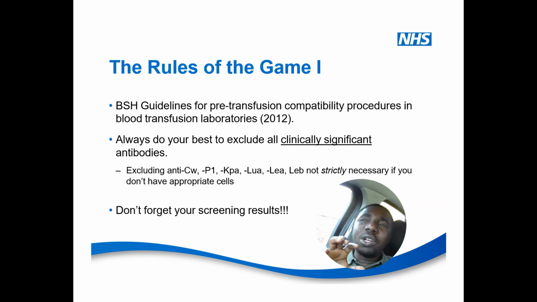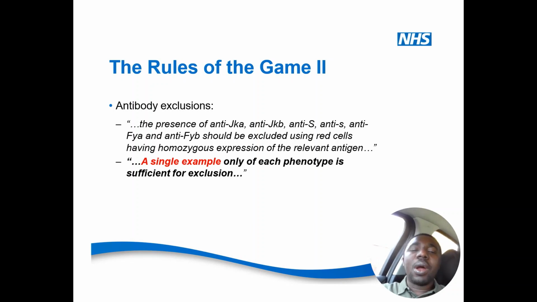So when we are doing antibody panel, which is what I'm going to be doing in this part 2, we're going to do our best to exclude all possible clinically significant antibodies, meaning that there are clinically significant antibodies and there are non-clinically significant antibodies. And when I get to that slide, I will explain exactly what that means. So in number 2, again, of course, you have antibody exclusion.